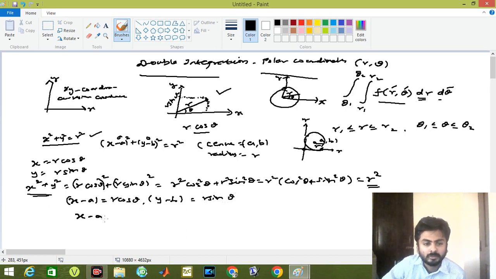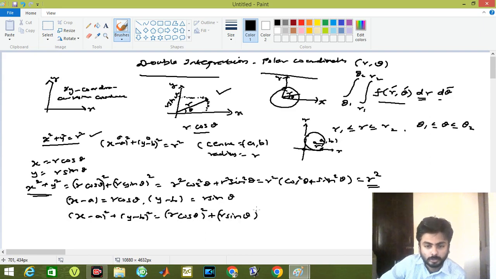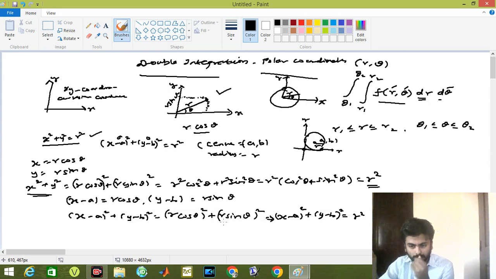Now x minus a the whole square plus y minus b the whole square equal to r cos theta the whole square plus r sin theta the whole square. That implies x minus a the whole square plus y minus b the whole square equal to r square, because the sum of cos square plus sin square becomes 1, so we get r square.